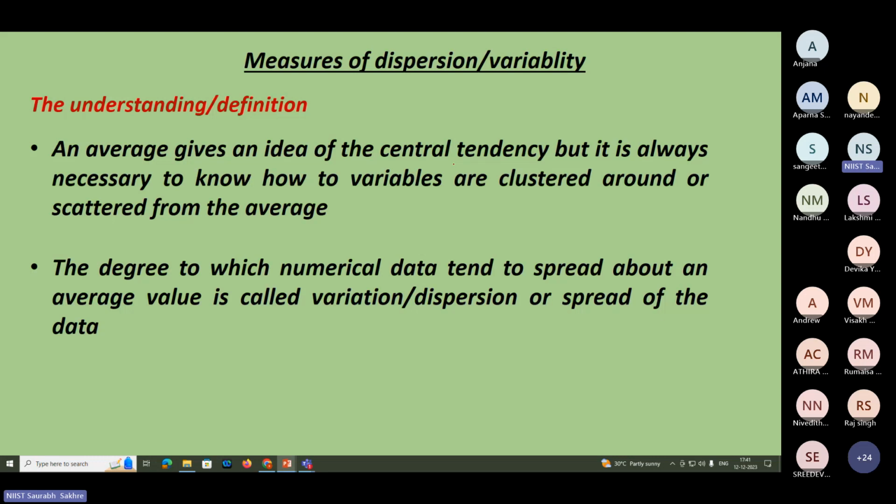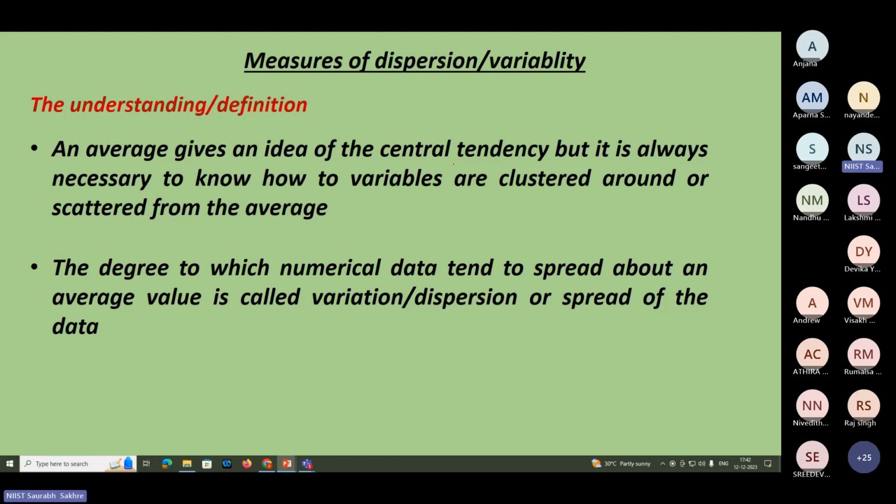What does this mean? 3 is the central tendency, the mean value, and plus minus 0.5 is the deviation. At some place in the river, the depth may be 2.5, that is 3 minus 0.5, and at some point it may be 3.5 also. That's why 3 plus minus 0.5. So that deviation we will keep in mind. That is how measures of dispersion or variability work.